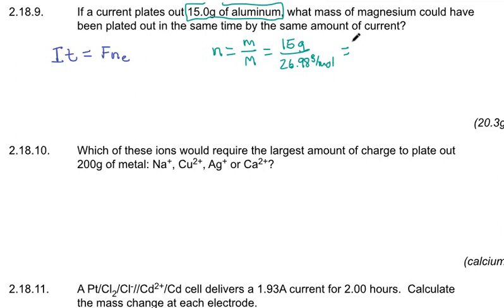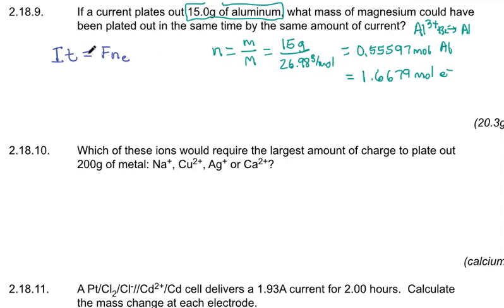We are making 15 divided by 26.98, 0.55597 moles of aluminum metal. Aluminum is a +3 ion, so when we turn it into aluminum, of course, it costs us 3 electrons per atom. Times this by 3, and that tells us we are using 1.6679 moles of electrons.